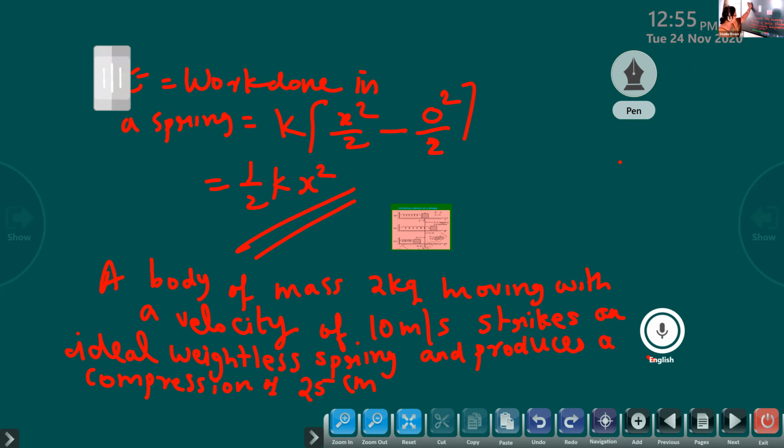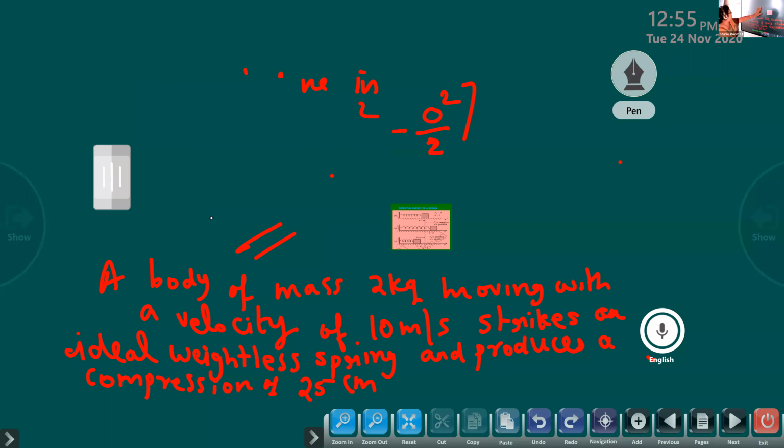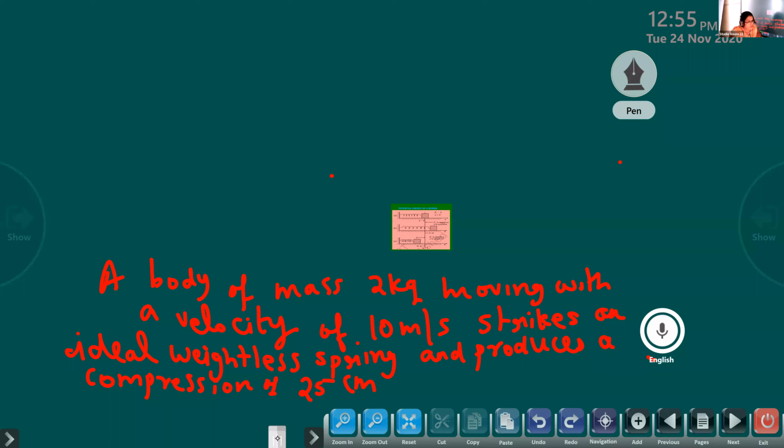Calculate the force constant. Force constant is the spring constant, k.